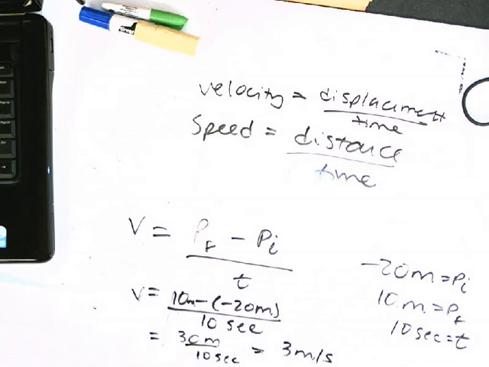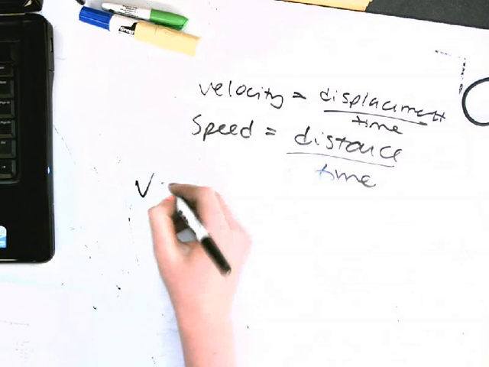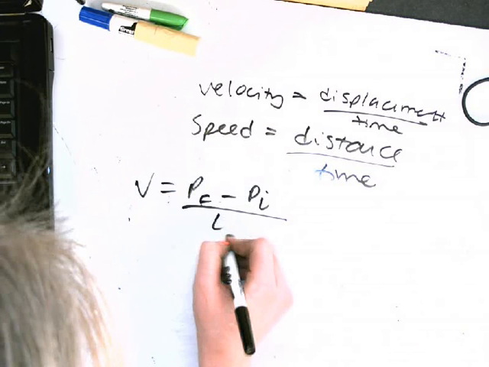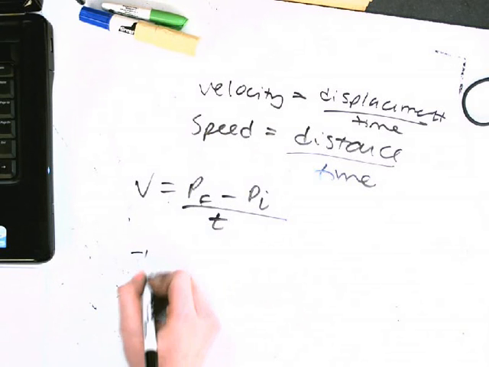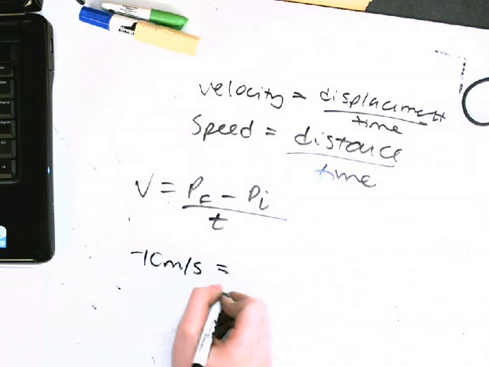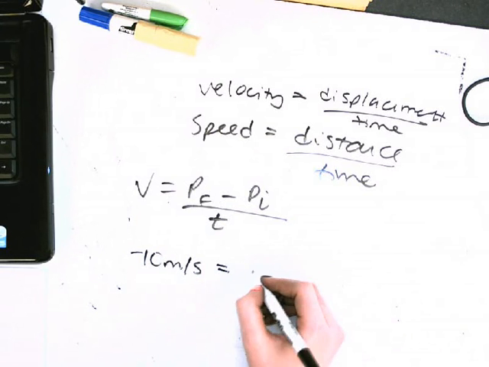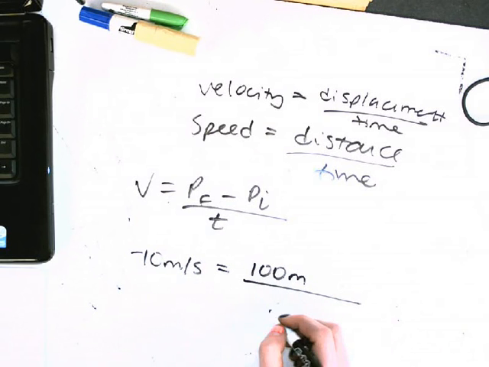Now, say you're given your velocity is equal to 10 meters per second, and your final position is 100 meters, and the time it took was 5 seconds.